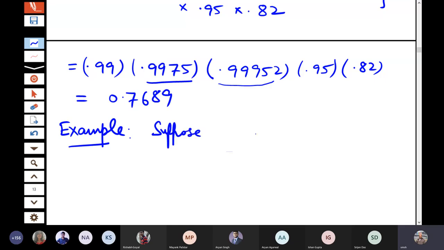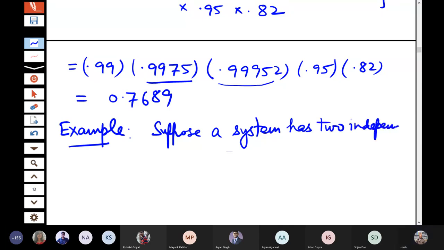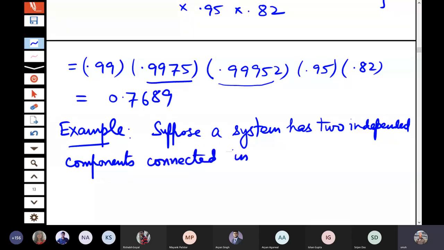Okay, so I will just take two parts here. Suppose a system has two independent components connected in series.